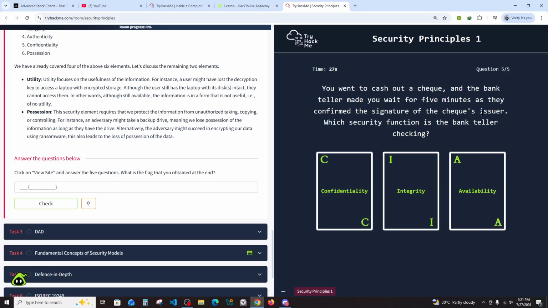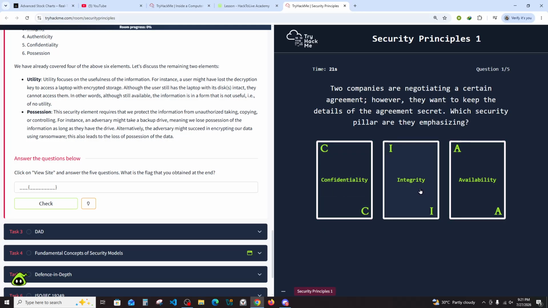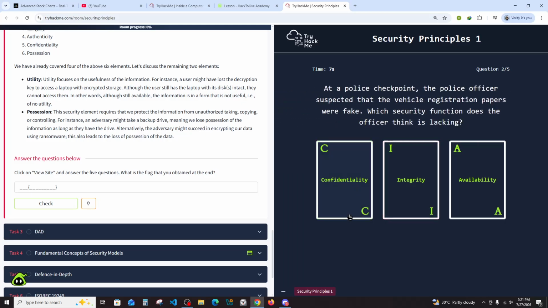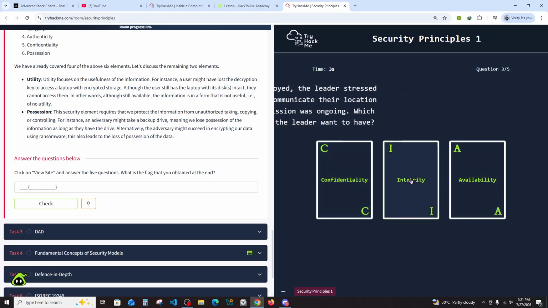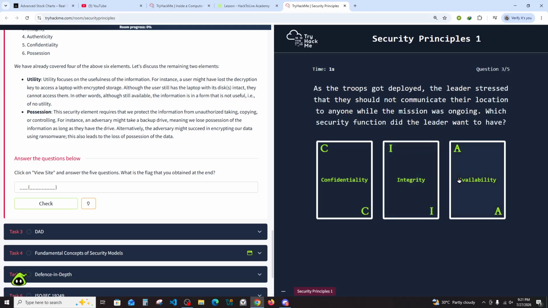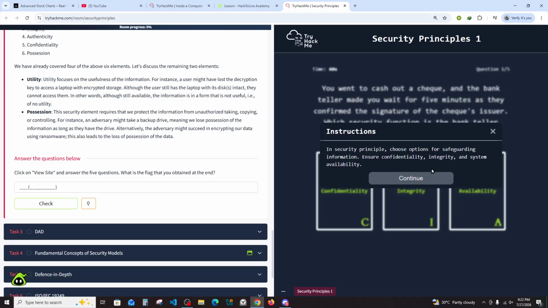They अरे 3 days to commercial. They want to keep the details of the agreement secret. Hooray.